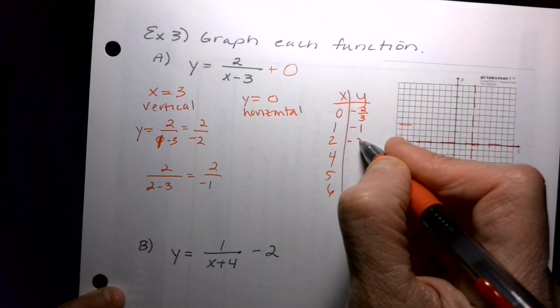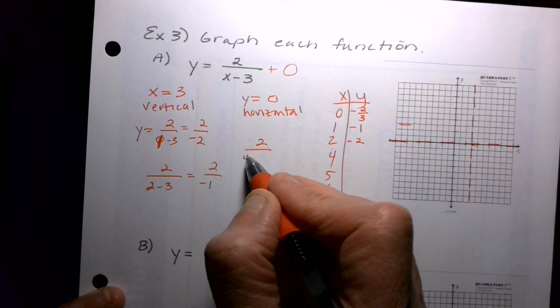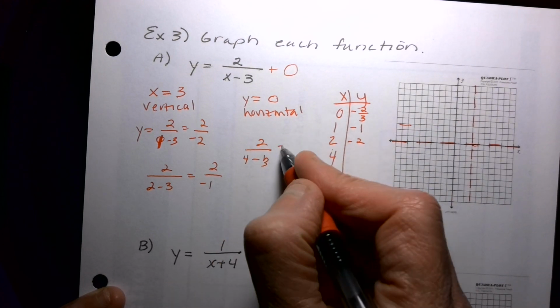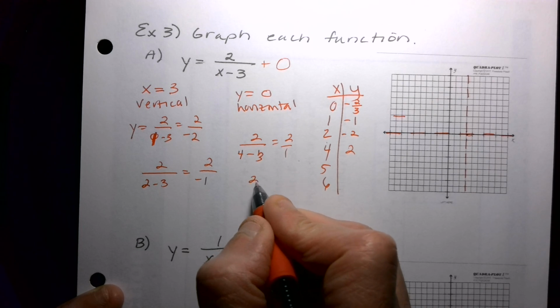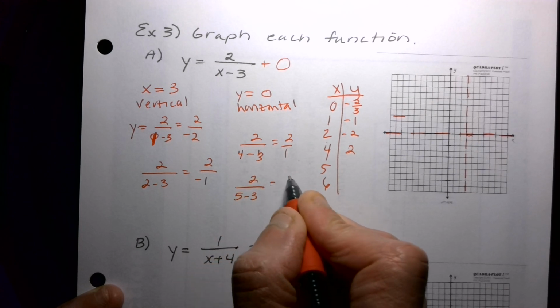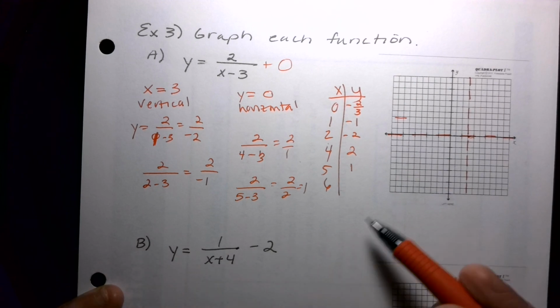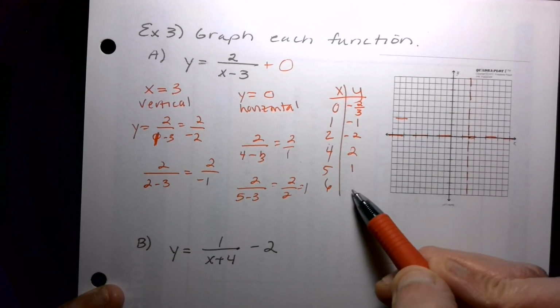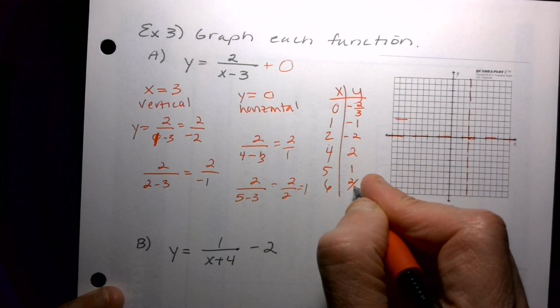It's a negative 2. I'm going to jump up to 4. 2 over 4 minus 3. That's a 2. Throw in a 5. 2 over 5 minus 3. So 1. You guys noticing the pattern? You should be able to see the pattern here and tell me what that is. What is it? That's right, positive 2/3.